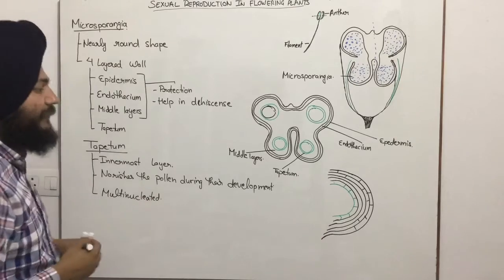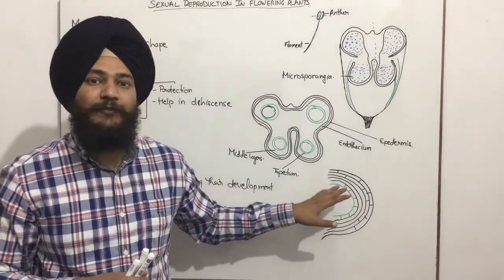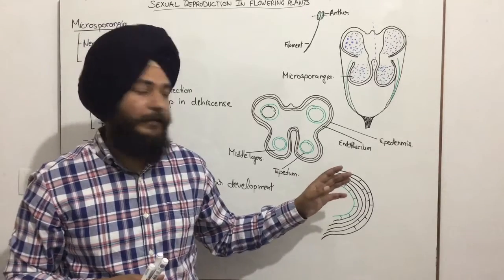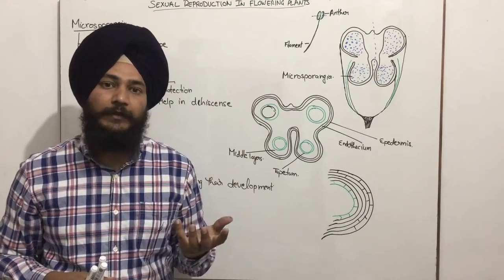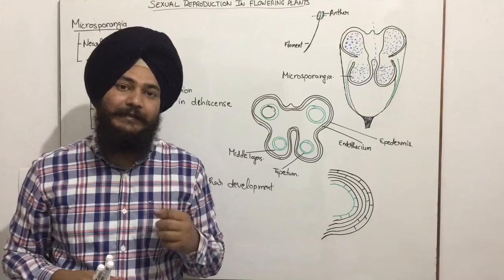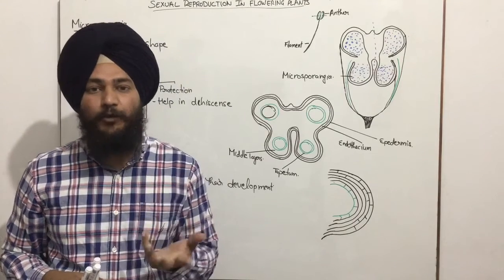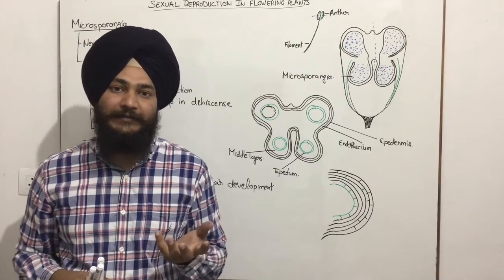But why are the cells of the tapetum multinucleated? Because when the tapetum cells undergo mitotic division, there is only karyokinesis that will not be followed by cytokinesis.